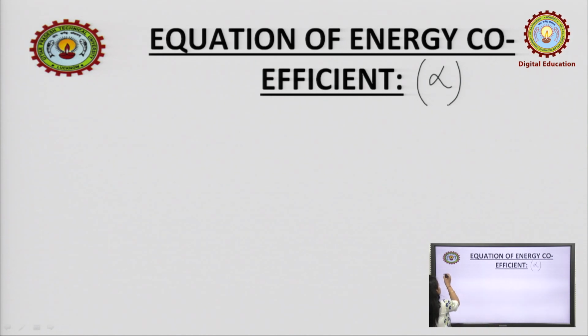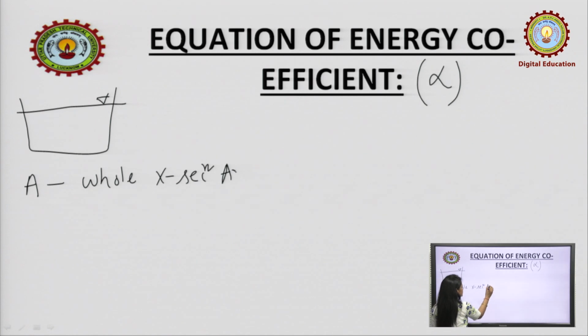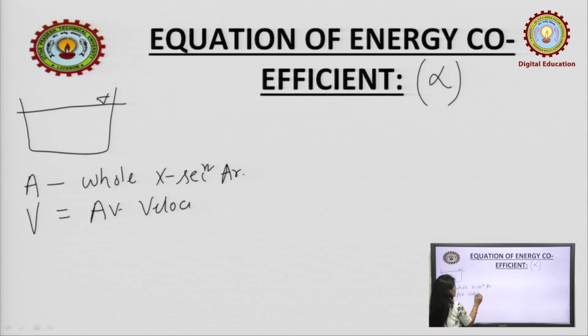Let us consider a cross sectional area A of any channel. Capital A is the whole cross sectional area, and capital V is the average velocity of this channel.